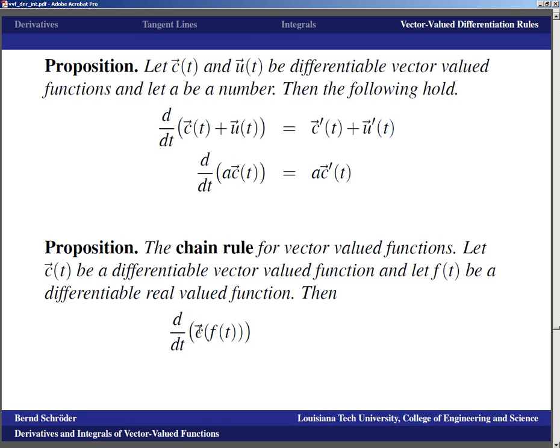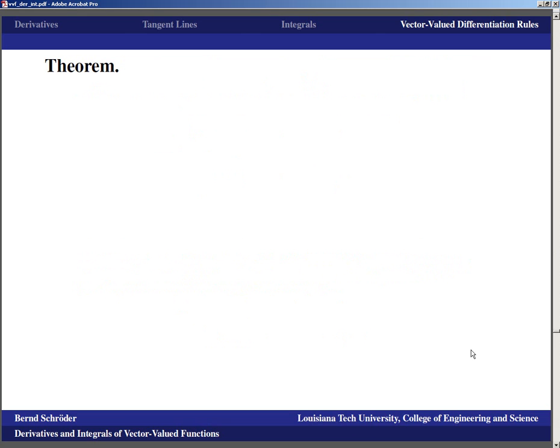It was the derivative of the outer function at the inner function times the derivative of the inner function. And again, the same thing is true here. We have the derivative of the outer function, which is c prime, at the inner function, which is f of t, times the derivative of the inner function, and I put the f prime of t in front because technically scalars are always multiplied with vectors from the left.